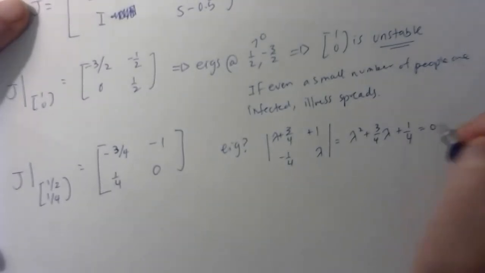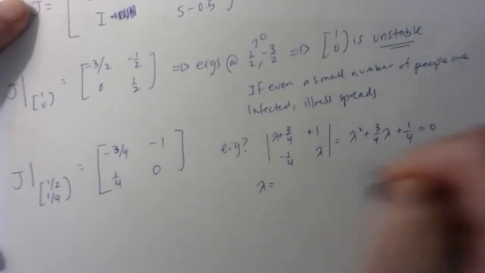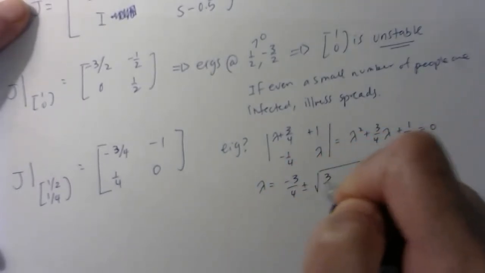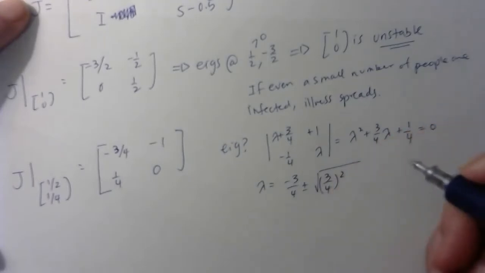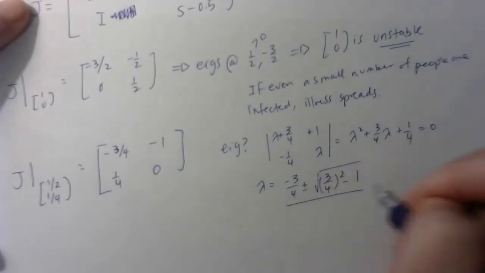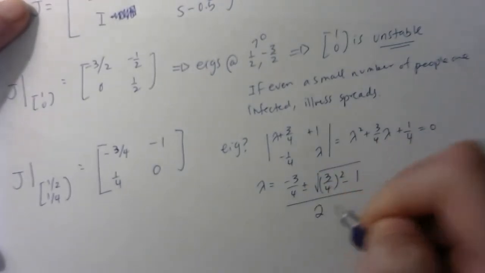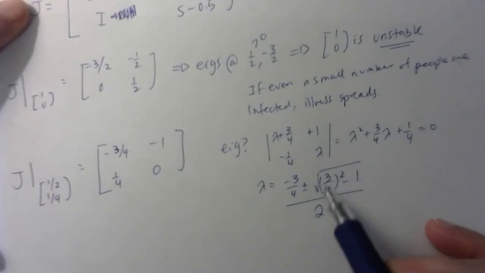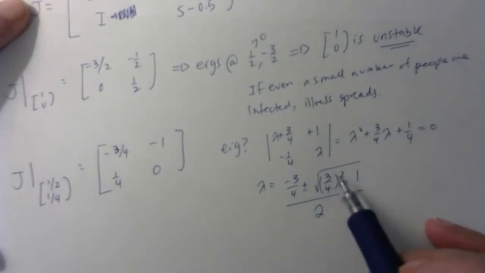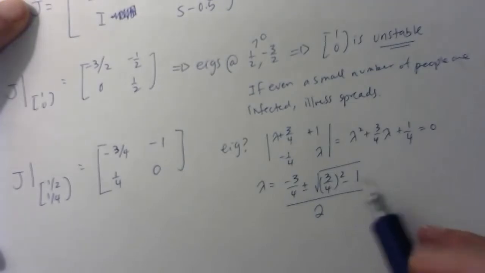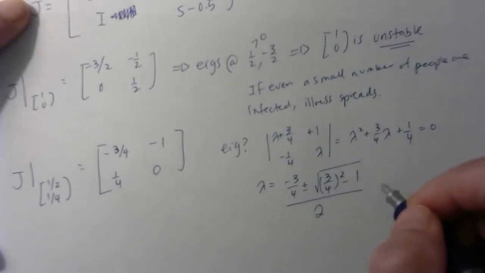is equal to 0. So lambda is negative b plus or minus the square root of b squared minus 4 times a times c, all over 2a. I don't even have to compute this. All I notice is that this number is less than 1, so when I square it, it's going to be smaller, so what's under the radical is going to be negative, so this is going to be imaginary.